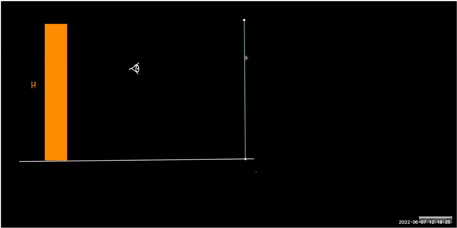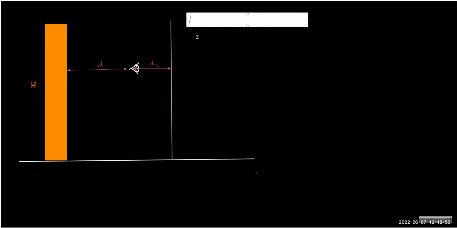So the question is, the distance of the eye level from the wall and from the wall to the eye level. Let's call them D1, D2. So how to see the complete wall, or at least you can say top and bottom, not complete.